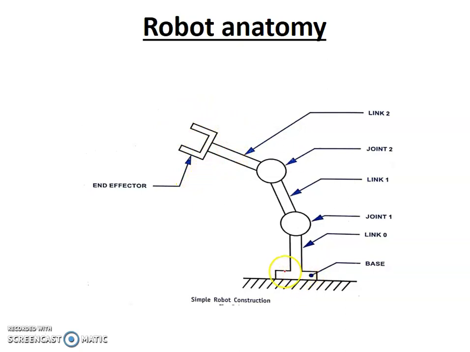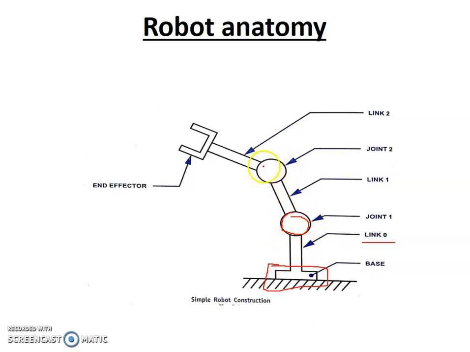Here we can observe in the diagram the robot generally has a base, and the base is connected with a link called link 0, and after that there is joint 1. So link 0 and link 1 are connected with a joint.